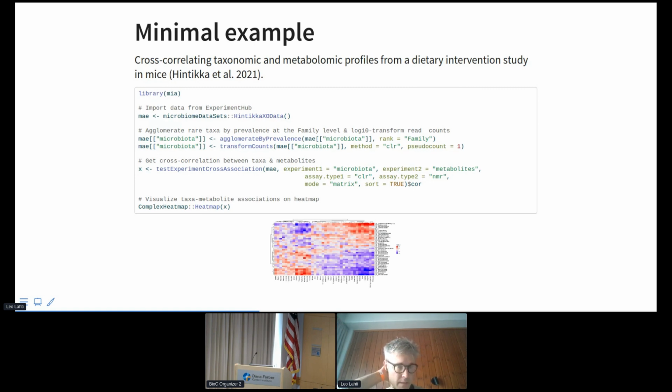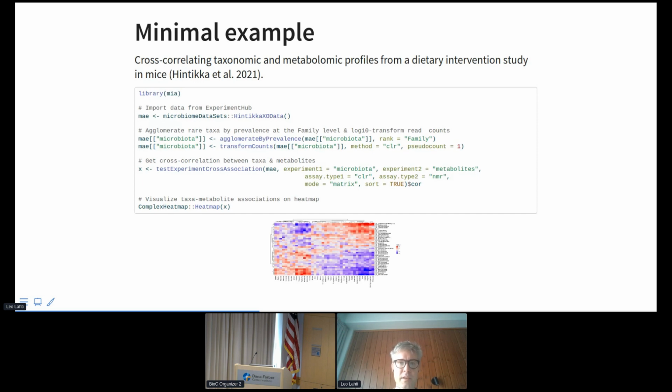Just as a minimal example, this short snippet of code shows how you can download some open microbiome dataset from Experiment Hub, and then we agglomerate the taxonomic units to the family level and combine the rare taxa into a single group, and we transform the counts with CLR transformation, cross-associate or cross-correlate the selected assays from the microbiota and metabolite measurements, and ultimately draw a heat map.